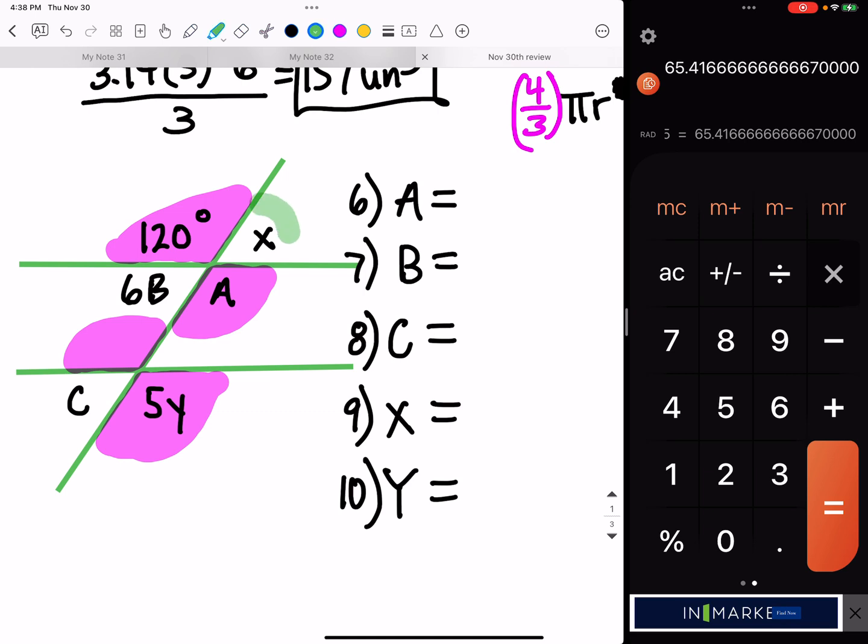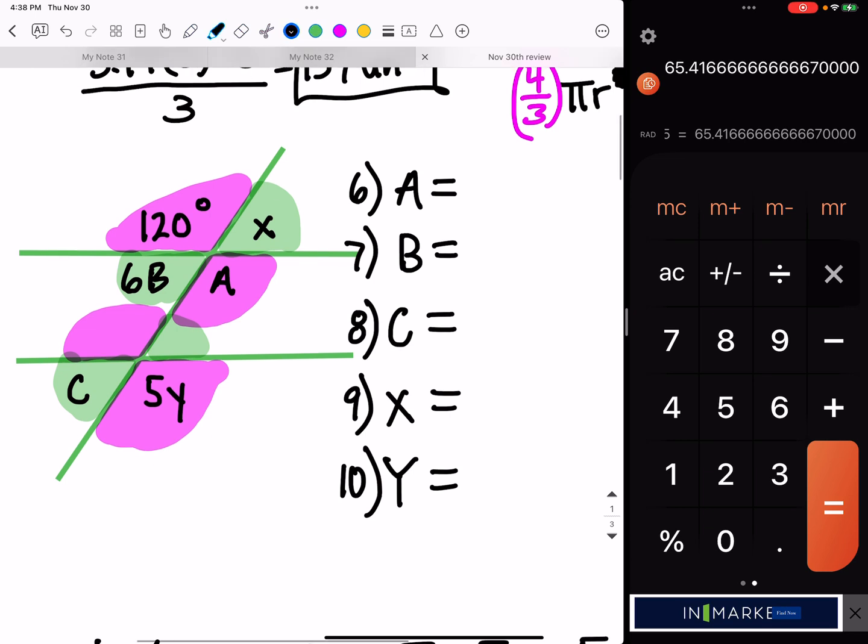These four, this one, this one, this one, and this one are all 60 degrees because they have to add up to 180. So if this is 120, this has to be 60. So x is 60, which means this pink one, A, is 120, which means C is 60.